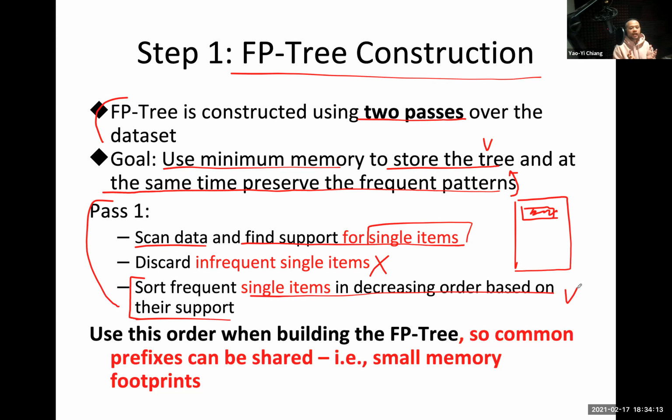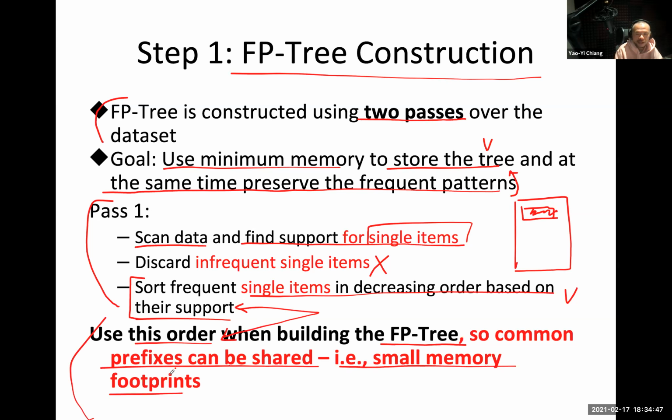So intuitively, the single items that have high support are highly likely to be in a frequent item set, right? So we want them to be at the front. Then we use this order to build the FP tree. And because we are using this order based on the support, many prefixes can be shared, and that will give us very small memory footprints. And I'm going to talk about what it means that common prefixes can be shared.